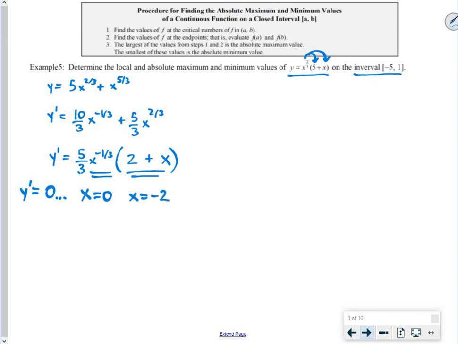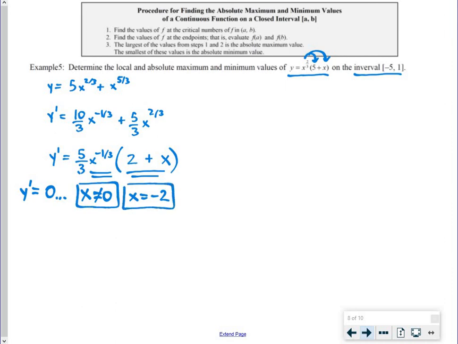Okay, so x to the minus 1/3 would look like that. Okay, we can't have x being 0 because then we're dividing by 0, and that's a problem, so I guess I should have written that. X is not 0. Okay, those are our critical values.